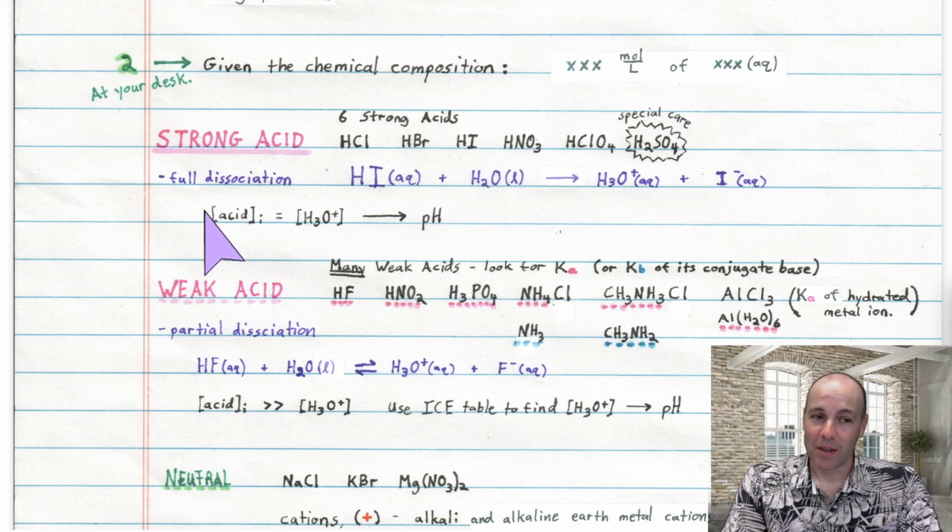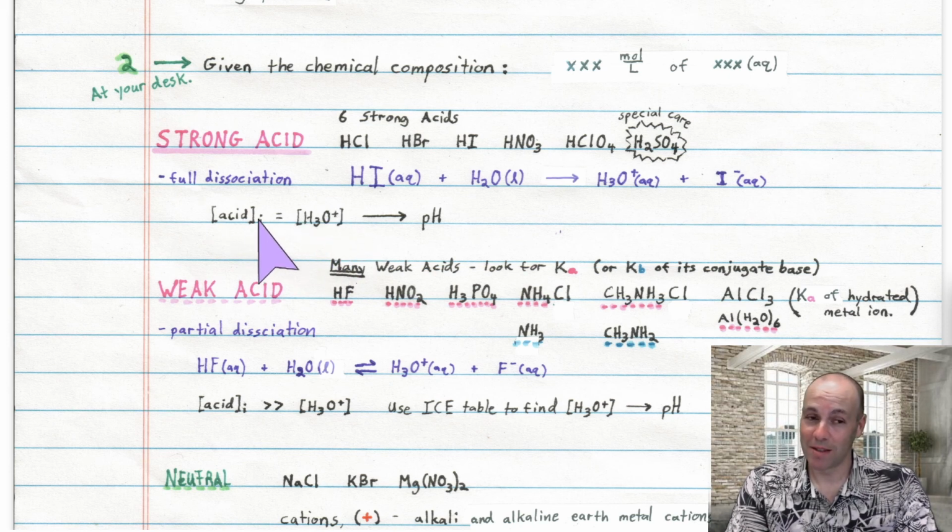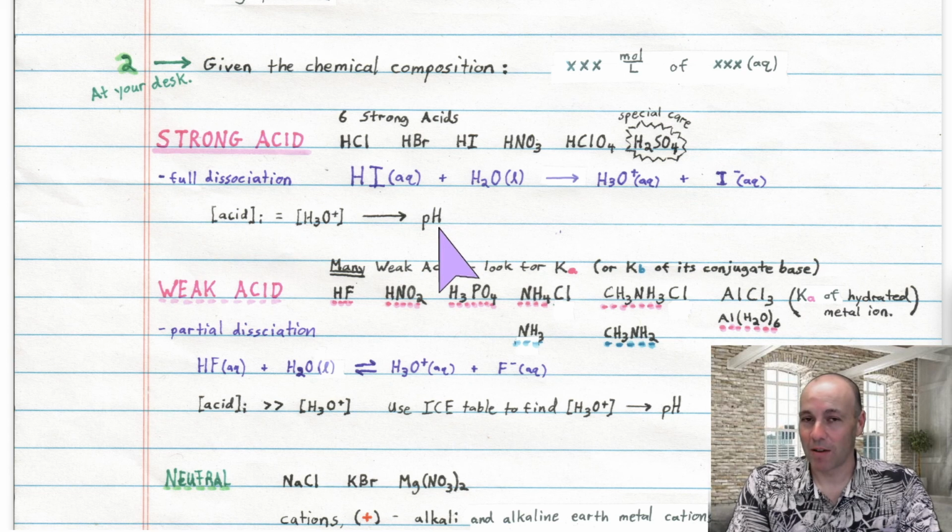So the initial acid concentration will be the equilibrium proton concentration. So if you're told the molarity of the initial acid, that's going to be the molarity of the proton, and you can plug that into the pH equation to quickly calculate pH. So strong acids are easy to classify, and they're easy to calculate the pH for.